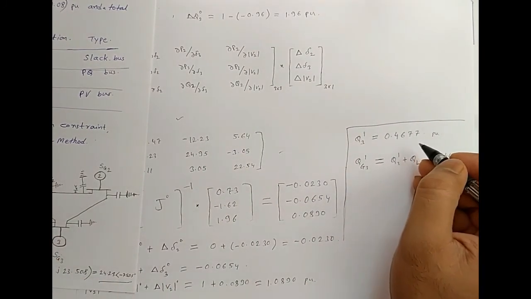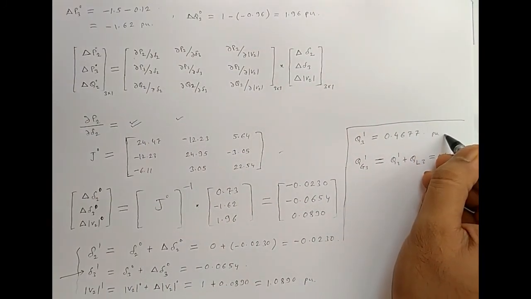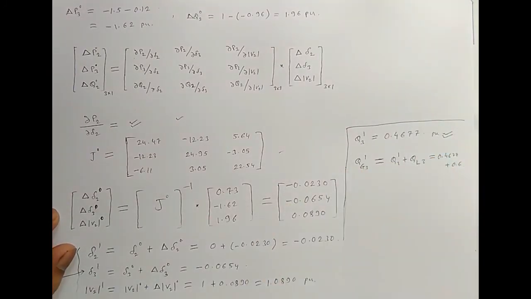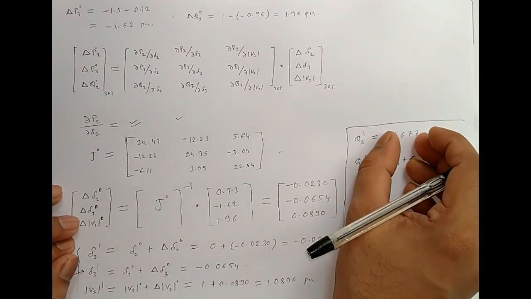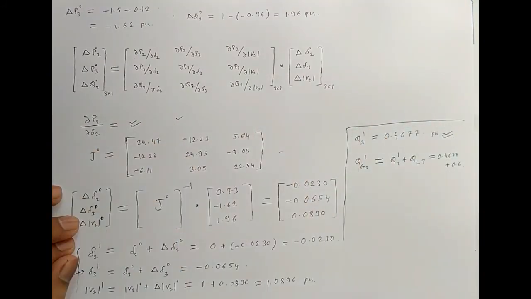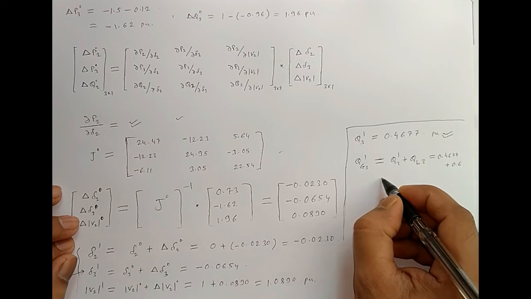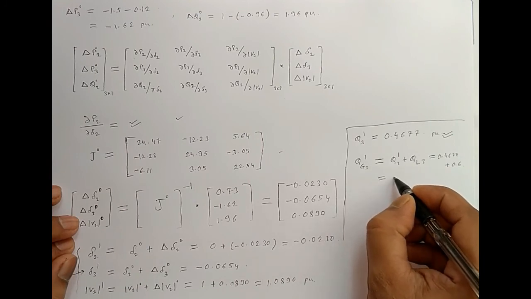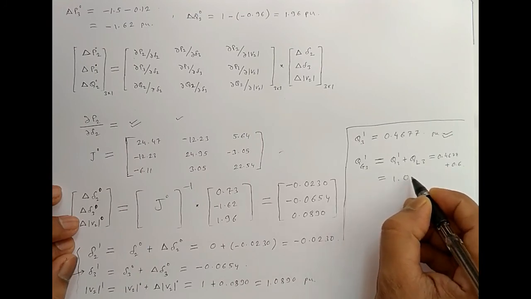By calculating this Q31, it is nothing but the net reactive power at bus number 3 after iteration 1, so the generated power will be this plus the load demand. That's why this will be 1.0677.